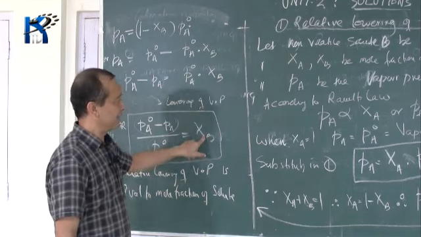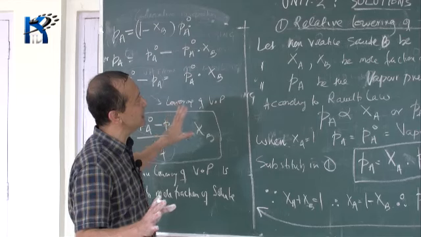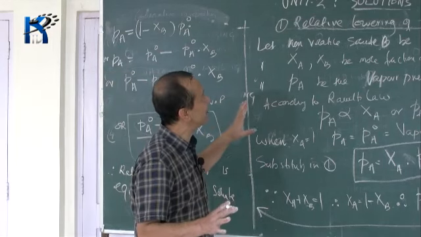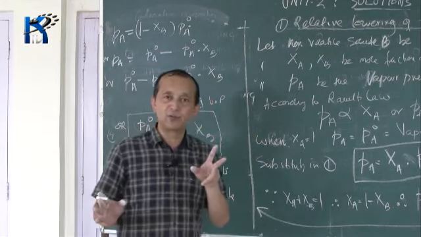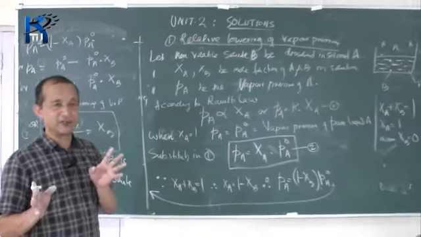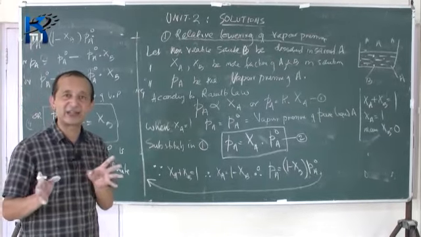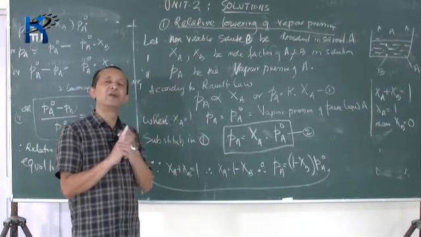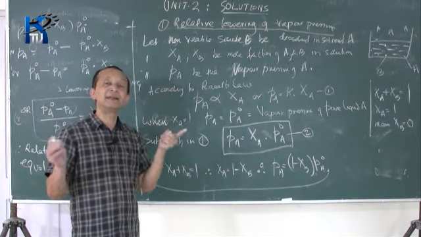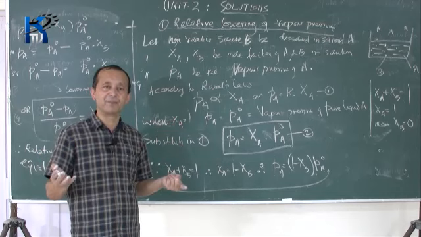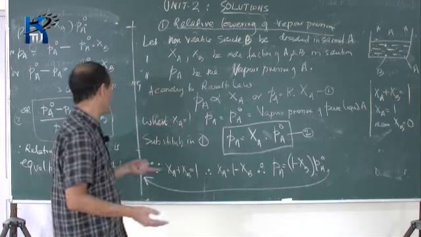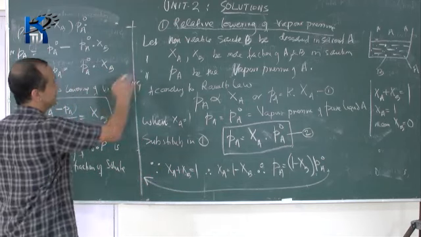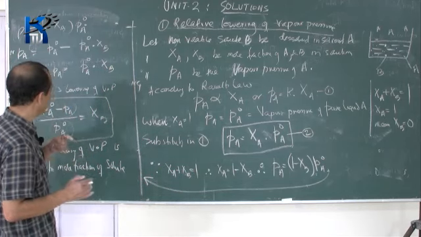Before I rub this, let me do some explanation. There are two things that we generally discuss and try to understand while learning about colligative property. Number one, we try to get a mathematical expression by which we can solve problems. You will learn that later on, at the end of this topic.